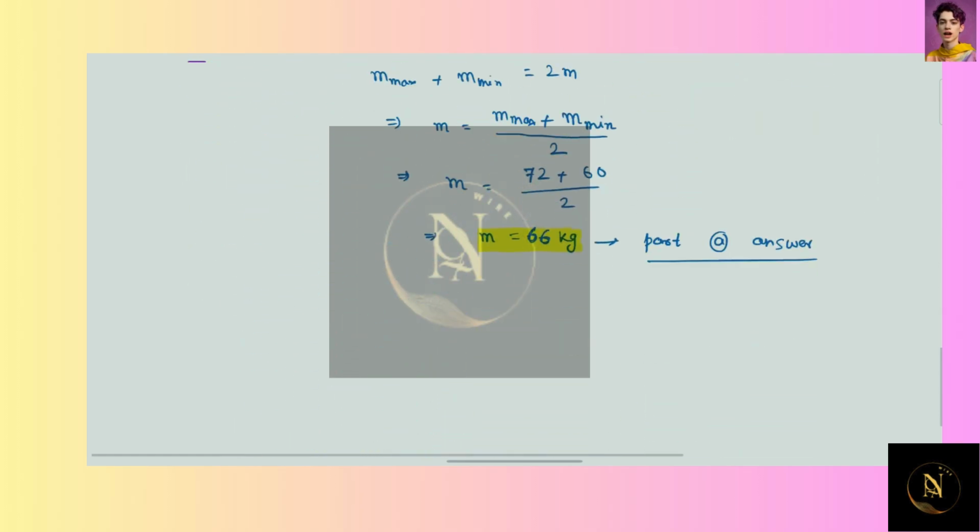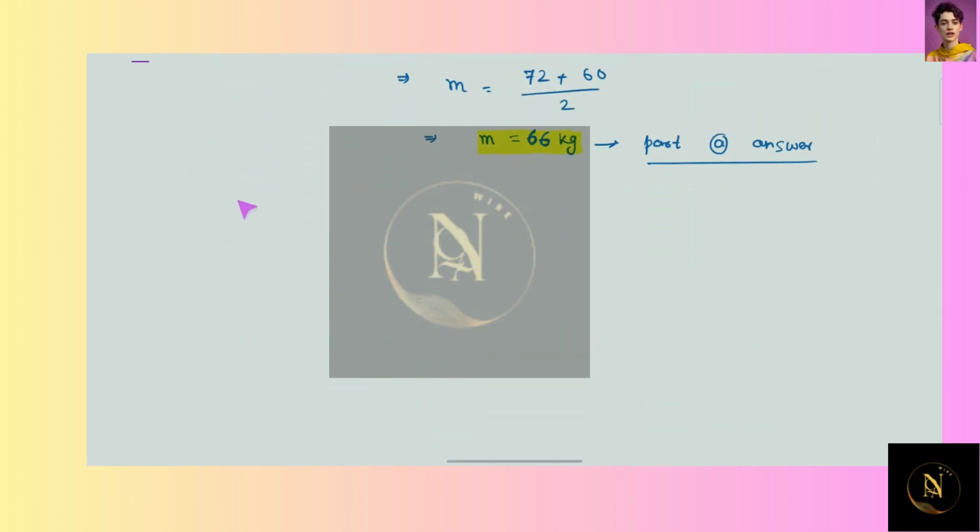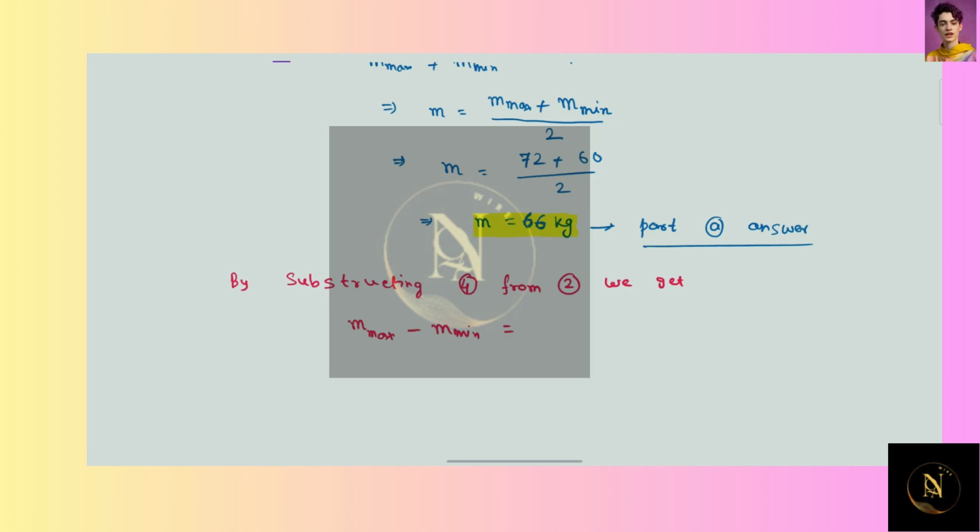We get maximum mass minus minimum mass equals 2m into a by g. So from here I can write that the acceleration magnitude of the elevator will be a equals 2 mg by m max minus m min.